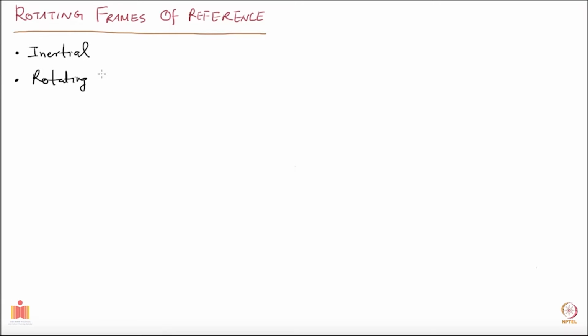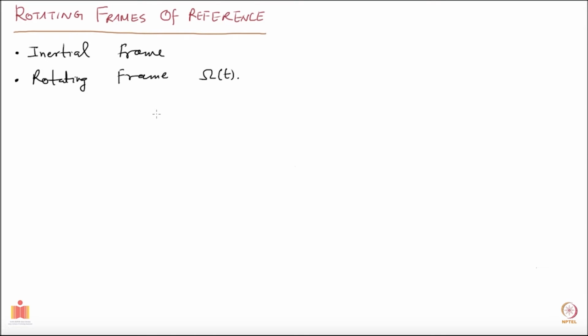Let me write rotating frame. You may imagine that the origin of the inertial frame and the origin of the rotating frame coincide at all times, so they are at the same place. And the rotating frame is rotating with respect to the inertial frame with omega, which is the angular velocity, and this may depend on time as well. So omega will be a function of time for us.